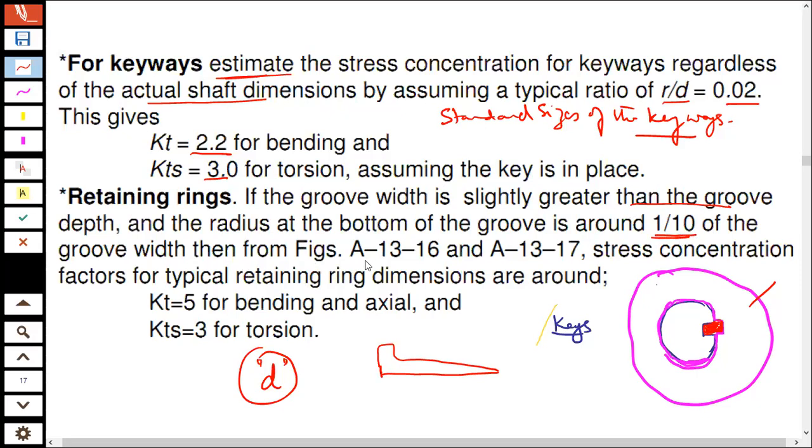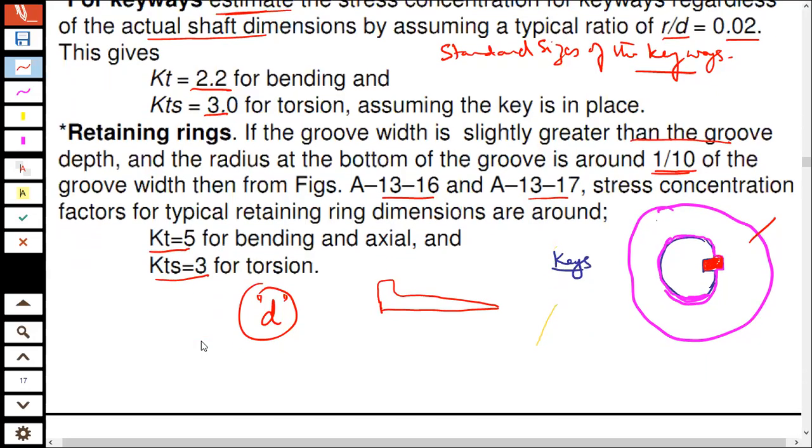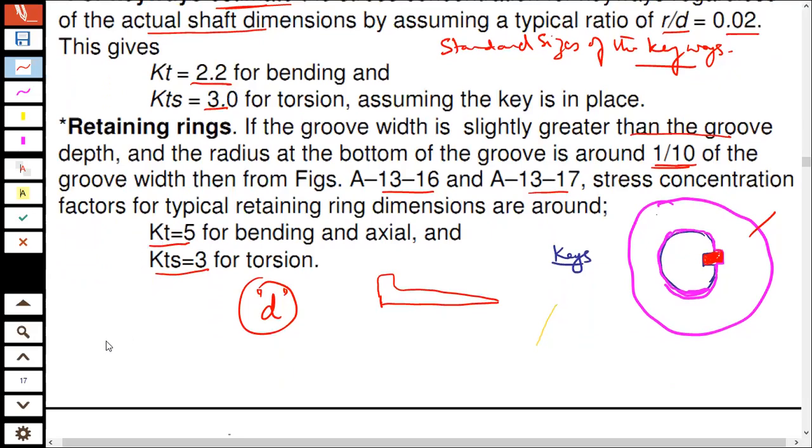And again, from figures A-13-16 and A-13-17, the stress concentration for a typical retaining ring, standard rings, is 5 for bending and 3 for torsion. So these are the values that you would use. These are estimated values, or initial values, that you are going to use.